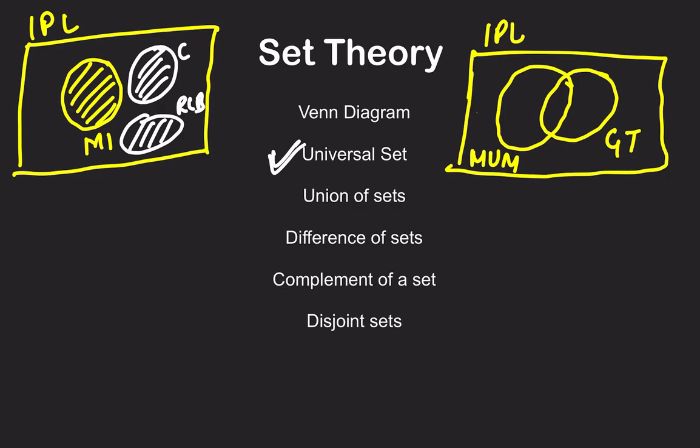Union of two sets means this part represents people who have played for both the teams, now or in the past. This shows all the players who have played for Mumbai only, and this part shows people who have only played for Gujarat.